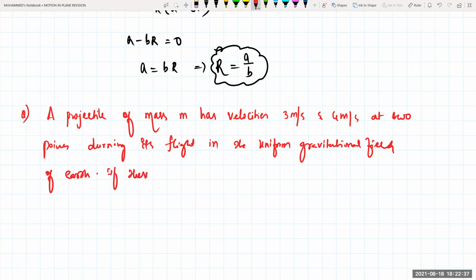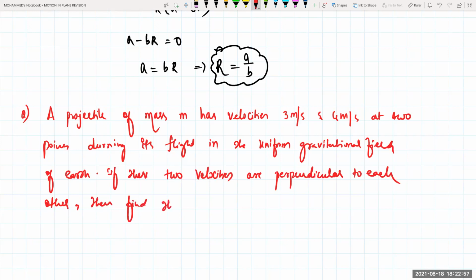If these two velocities are perpendicular to each other, then find the maximum kinetic energy of the particle during its flight.